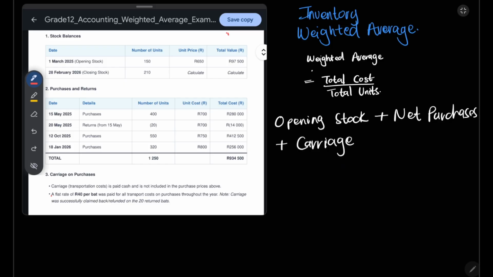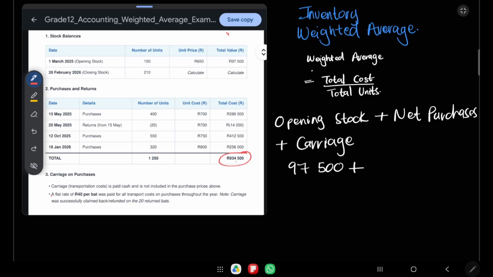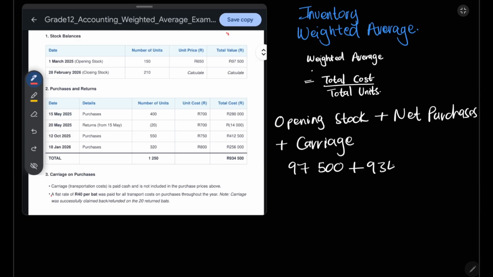Okay, so what is our opening stock? 97,500 plus our net purchases, which is 934,500 plus our carriage, which we calculated in the previous question.